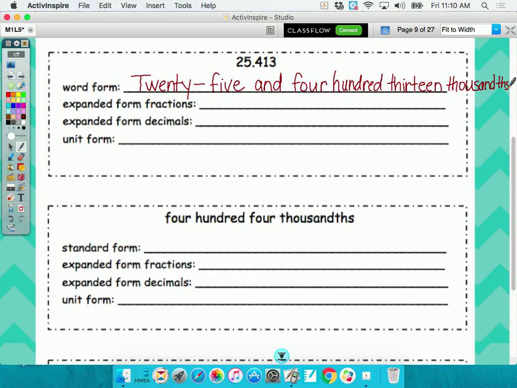Usually, it's better to write a check. So if you end up writing checks when you get to be a grown-up paying bills, these types of activities are going to help you, because that's exactly how you write a check. Except of course you're not going to have 413 thousandths because you're going to be talking about money.